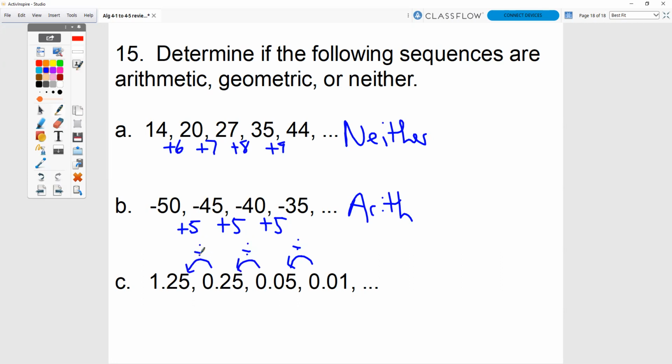When we divide going backwards, you get 0.2, 0.2, 0.2. What you're really doing here is multiplying by 0.2 each time. Since you're multiplying by the same thing each time, it is a geometric sequence. And that's what your test looks like.